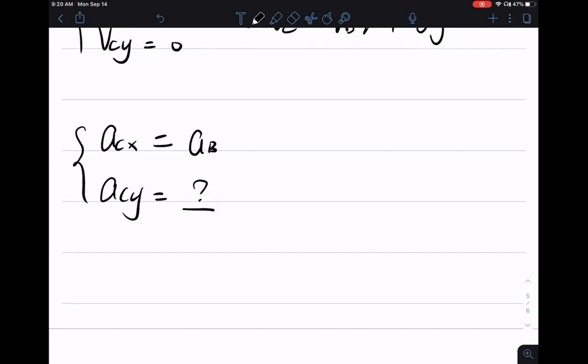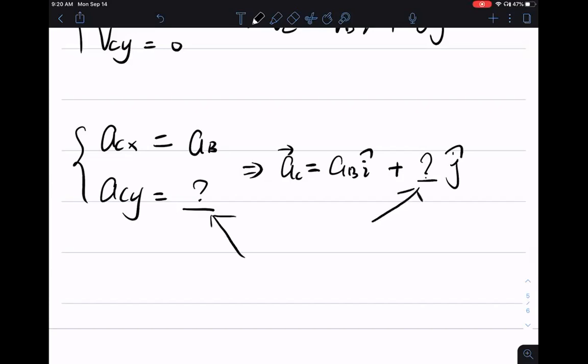All right, now let's write out the acceleration AC in vector form. AC is going to be AB i plus, question mark, we don't know, j. That means in order to find acceleration at C, we need to solve for it.